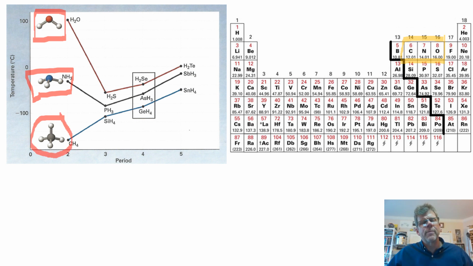Our representative molecule made of carbon, in this case a hydrocarbon, has a boiling point of about minus 160. Fair enough. The representative nitrogen compound has a boiling point of about minus 15 degrees Celsius, a heck of a lot higher than minus 160, which is a testament to the strength of its hydrogen bonding.